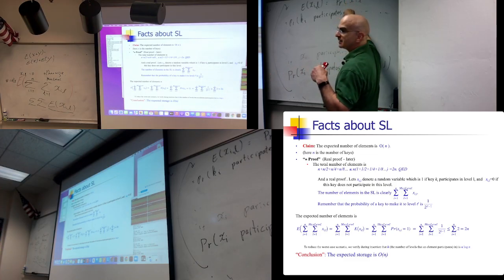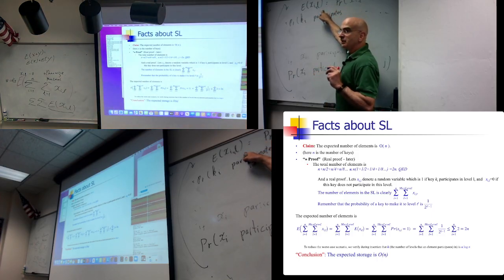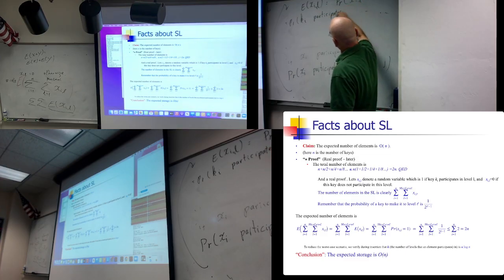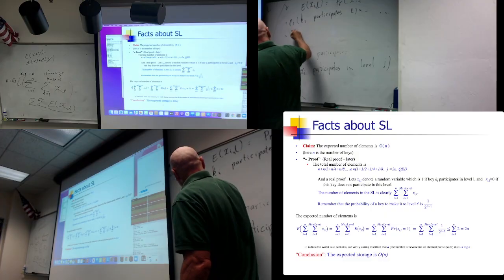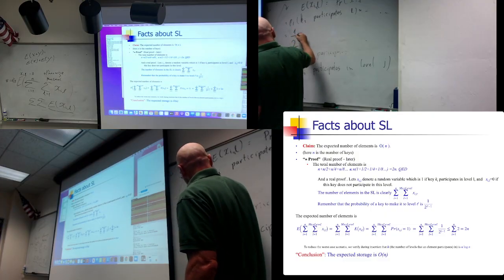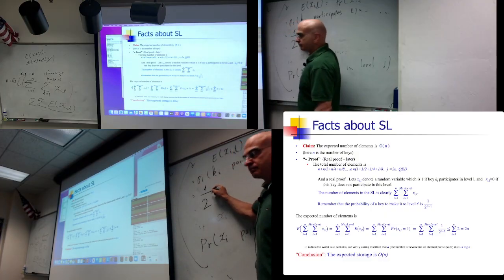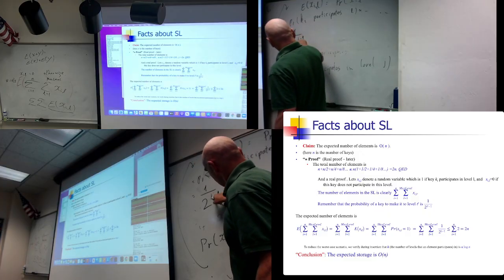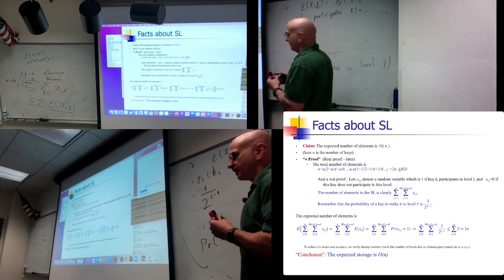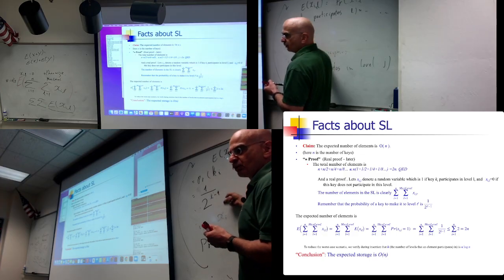I'm not saying that that's the highest level of this key, by the way. I'm just saying it participates. Maybe it participates in more levels. k_i participates in level L, which, this discussion just told us, is just 1 over 2 to the L minus 1, right? Because in level 1, this probability is 100%.